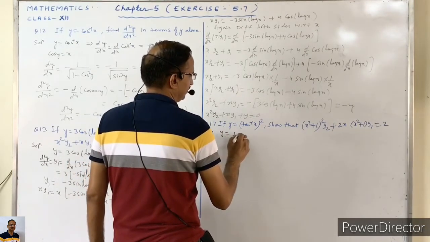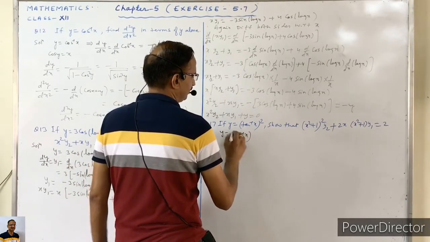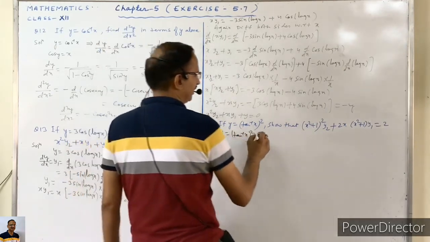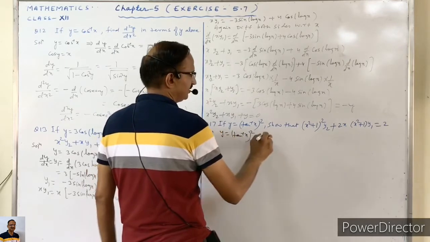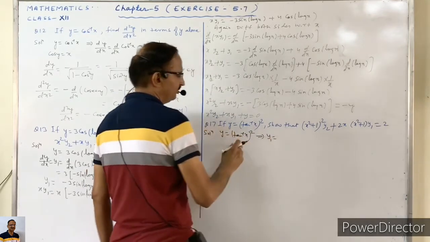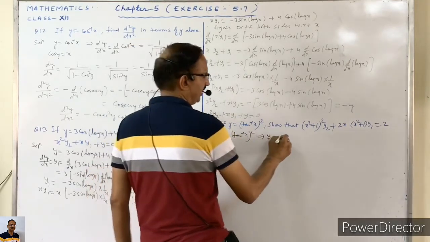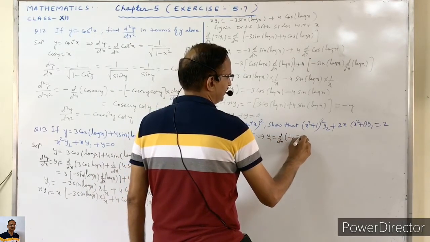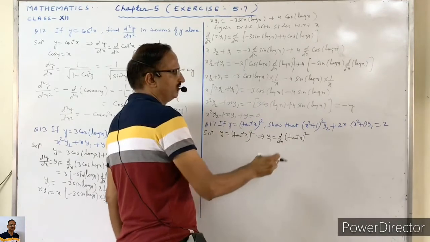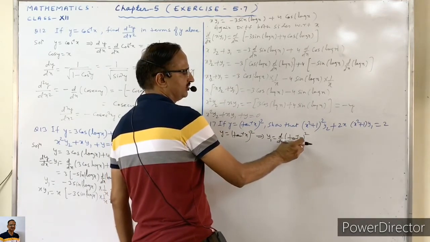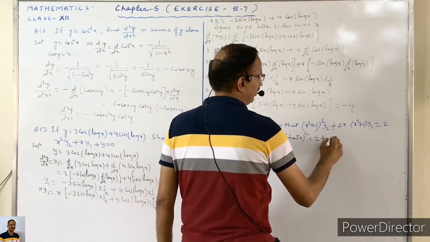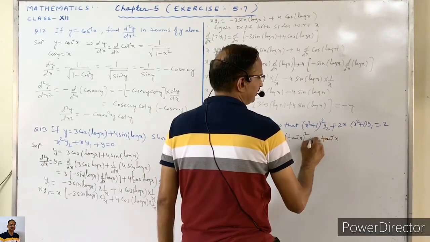y is (tan inverse x) whole square. So differentiating both sides with respect to x, we will get y1, and on the right hand side we will write d/dx of (tan inverse x) whole square. So we will treat this as x. So the differentiation of x square is 2x, means 2 tan inverse x.